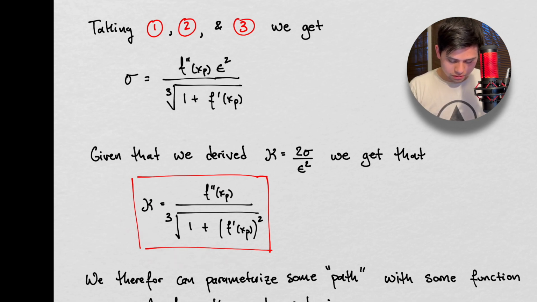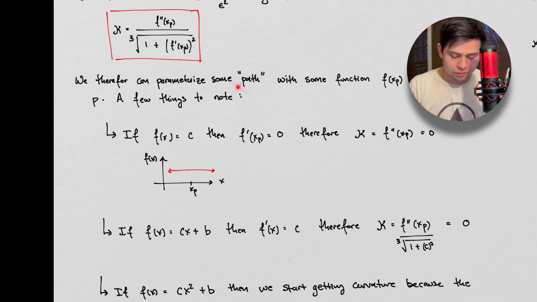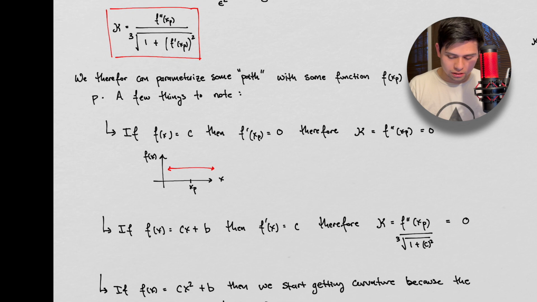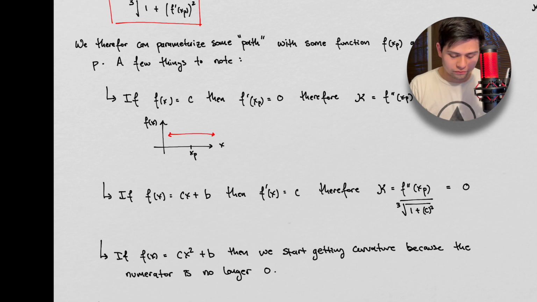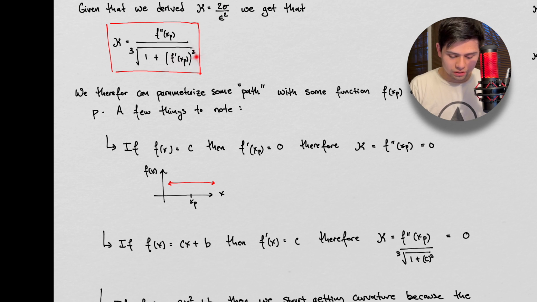Okay, so the curvature, therefore, we can parameterize some path, again with some function, that function being f(x) at some point p. And there's a few things to note about this equation. For example, one, if this is just a constant, then the denominator here is going to end up being 0, and so the curvature is just going to be this.